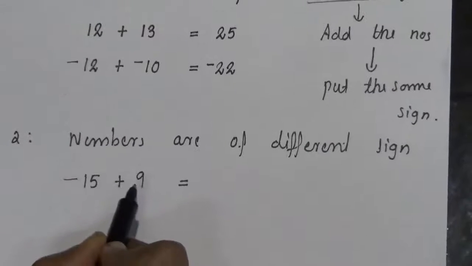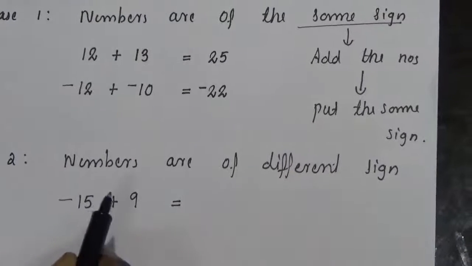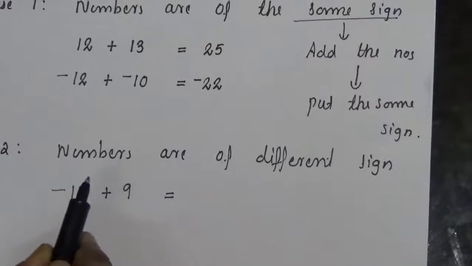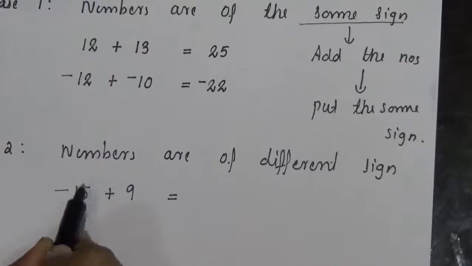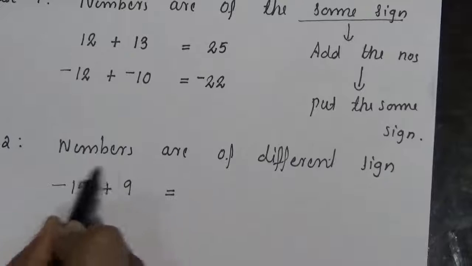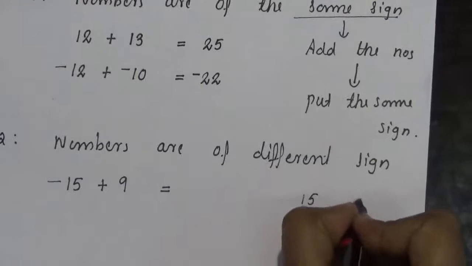In that case, you have to remember this rule. If two numbers are of different signs, then to add those two numbers, you subtract the small number from the large number and put the sign of the large number. Got it? So here, without considering the signs, what are the numbers? The numbers are 50 and 9.